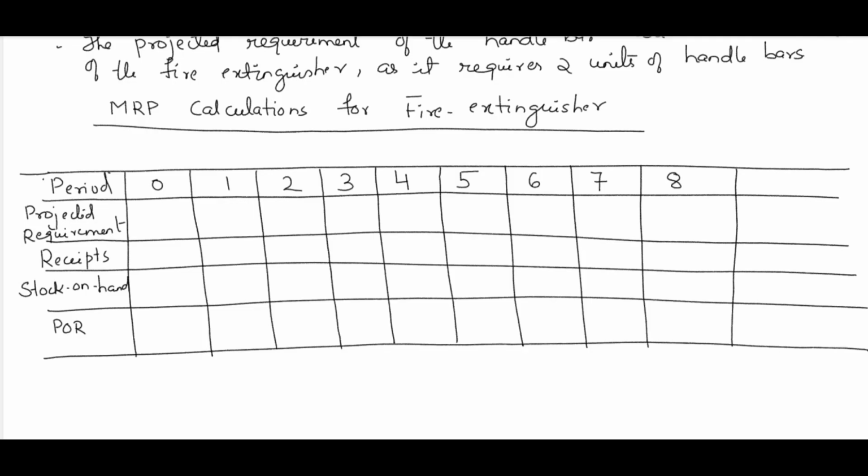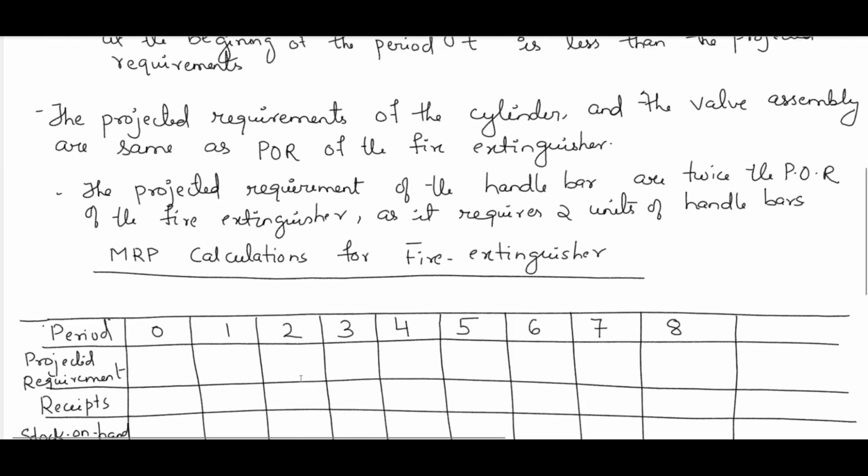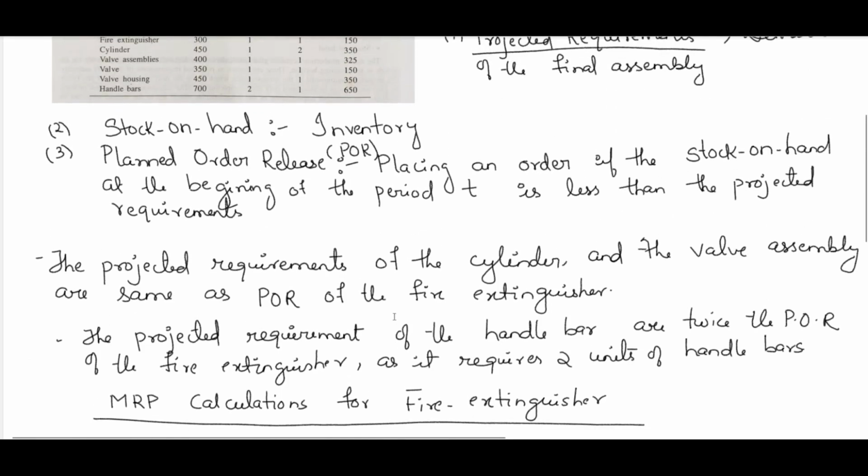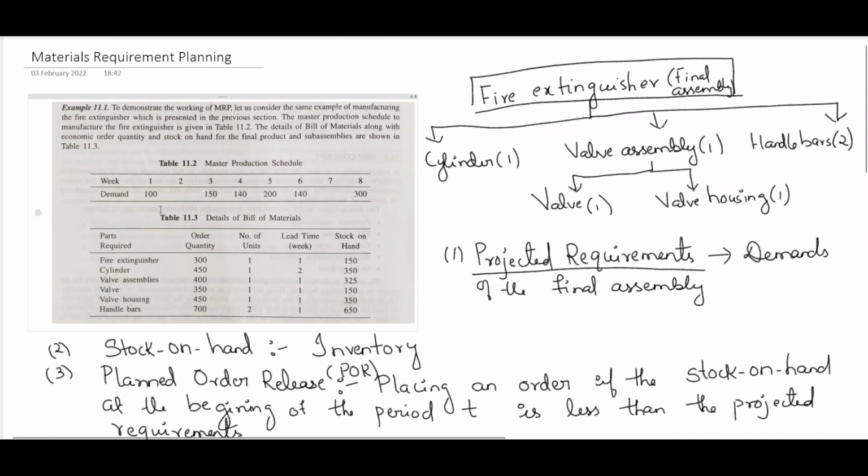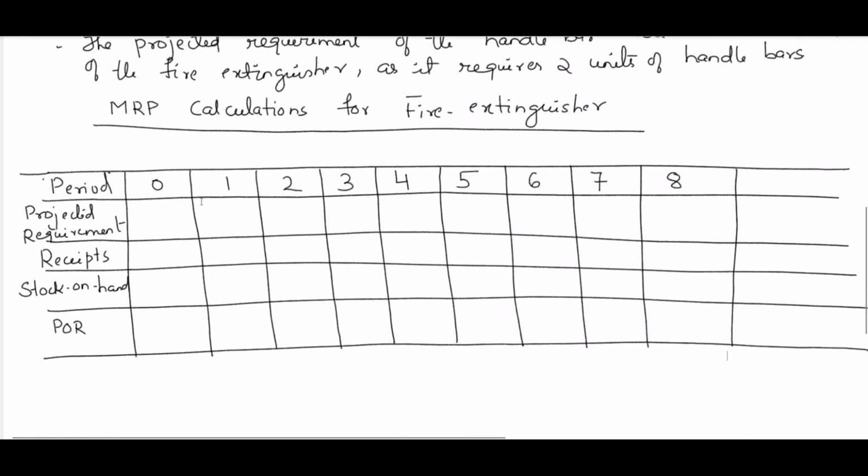In this question, from the MPS we see the demand for week 1 is 100 and for week 3 it is 150. Projected requirement is nothing but your demand.